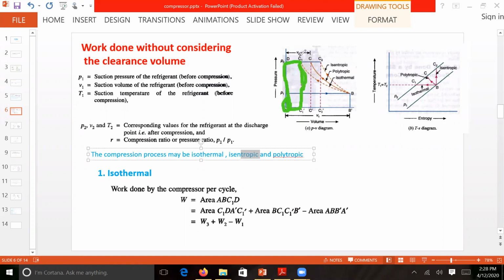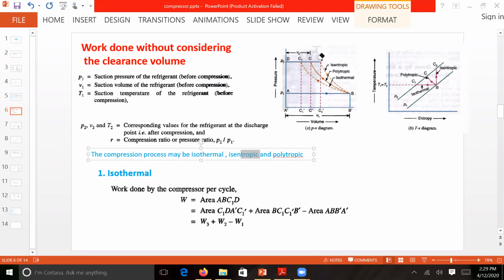The second one is B, C1 dash, B. Now the first one is your C1, D, A dash, and C1 dash, plus B, C1, C1 B dash.